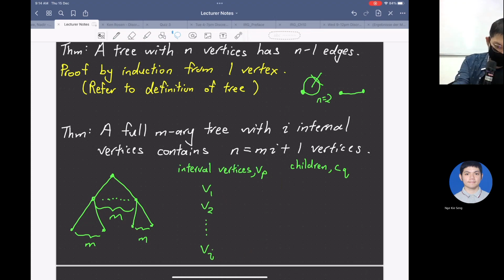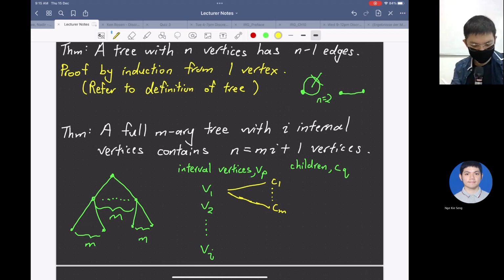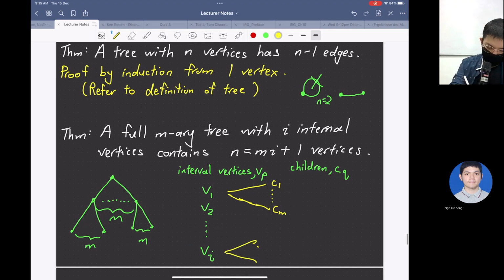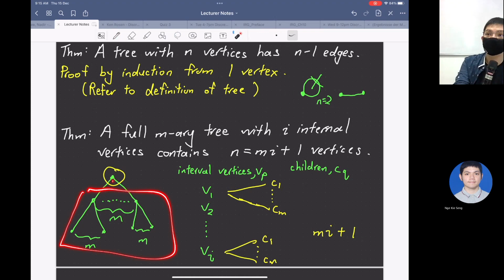So every internal vertex has c1 up to cm children. So in total you have m times i, plus 1, because this one comes from the root. So m times i only adds up the bottom ones, but not the top one.